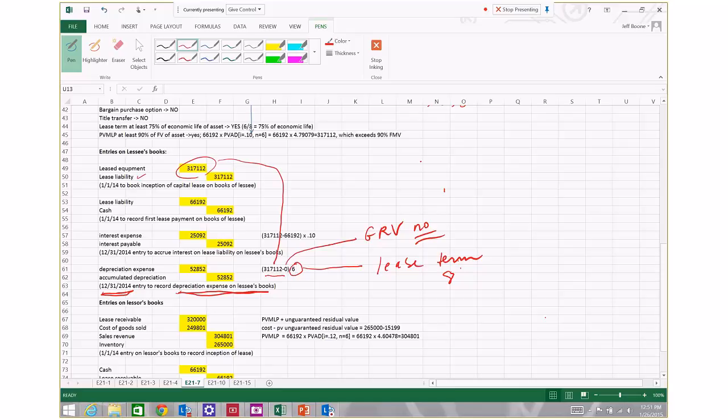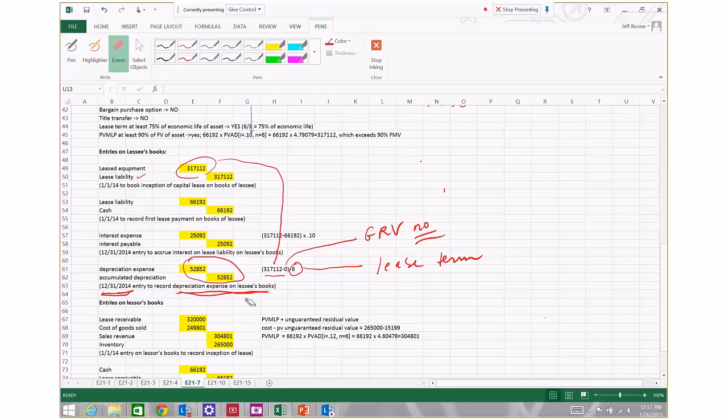But that's not relevant here because there's neither a bargain purchase option nor transfer of title. So we're simply going to depreciate that leased asset over the 6-year lease term. Result of that calculation, debit depreciation expense $52,852, credit accumulated depreciation $52,852.